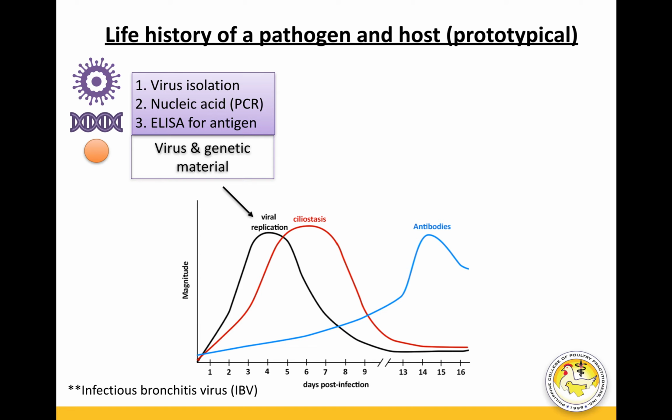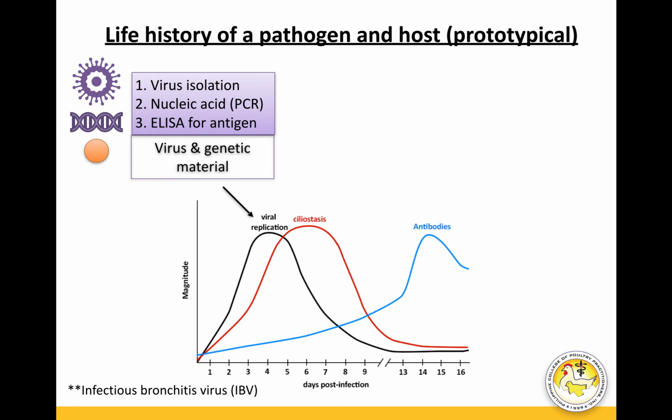Or we can detect the genetic material. Or we can also try to detect portions of the virus itself, so using an ELISA for the antigen for bronchitis, for example. And again, this would work well between 3 to 5 days into the infection cycle, right?